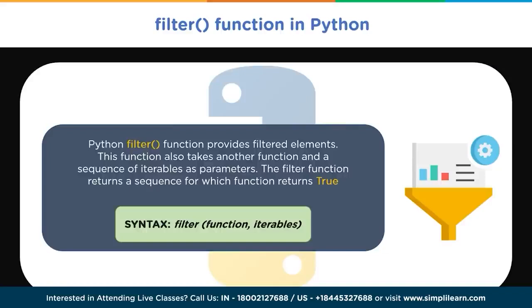For example, you have a set of iterables 1, 2, 3, 4, 5, 6, 7, 8, 9, and you want the function to return values which are greater than 5. So your filter function should have a condition which says that the iterables greater than 5 should only be returned by this function.